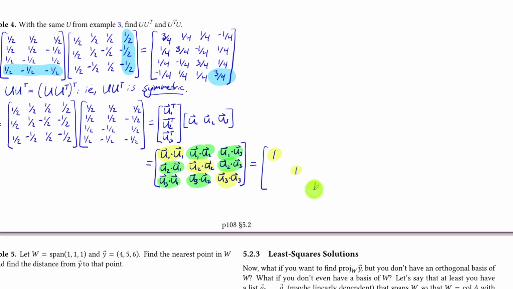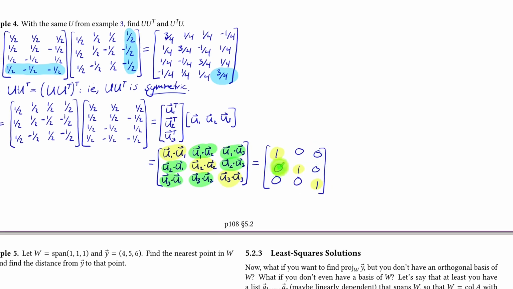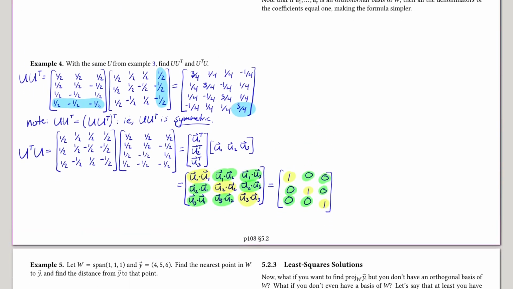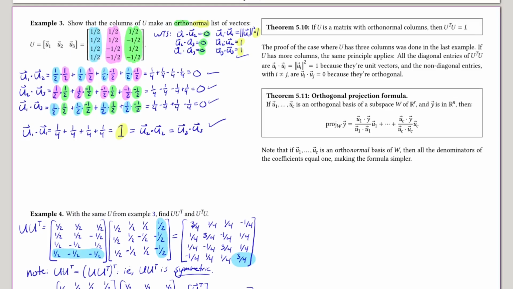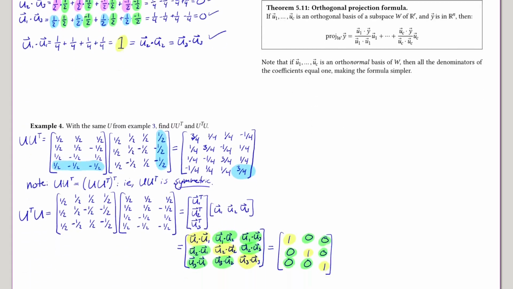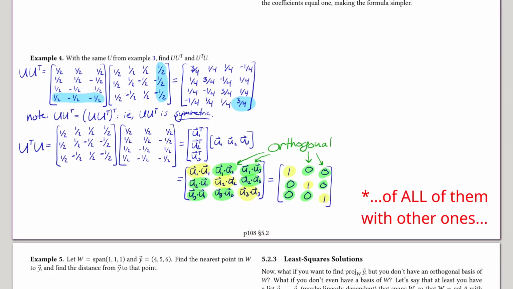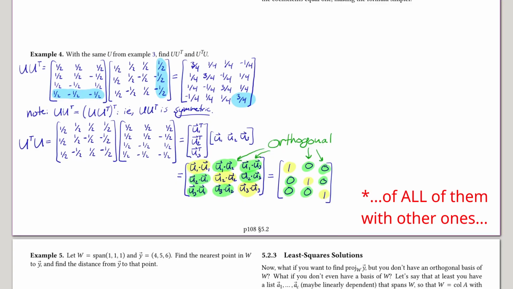So what does this give you? Everybody's favorite matrix, the identity matrix. The easiest matrix to do anything with, maybe other than 0. Now, the fact that this came out this way wasn't anything special about this orthonormal list in particular. It's just the fact that it's orthonormal. The fact that it's orthogonal means all of the dot products of some of them with other ones are equal to 0.